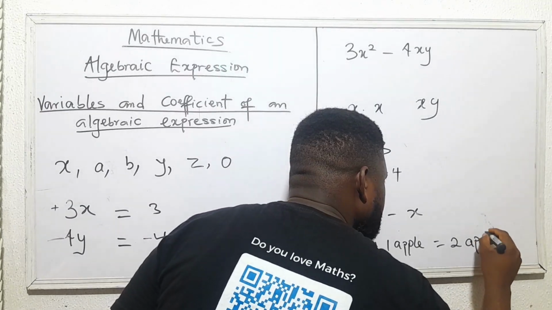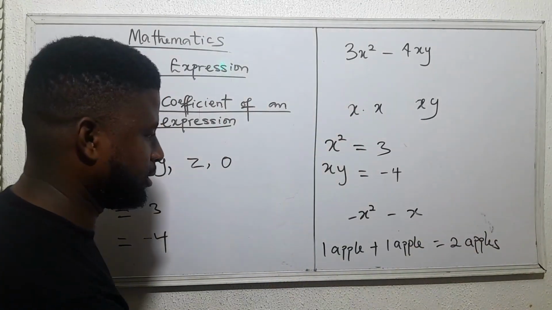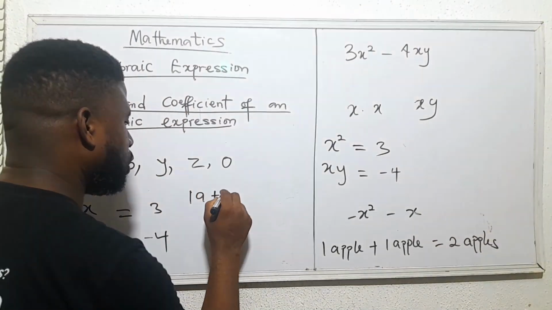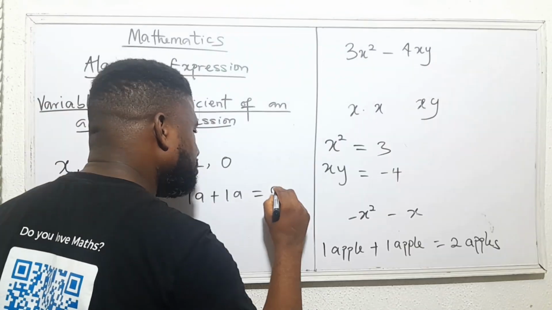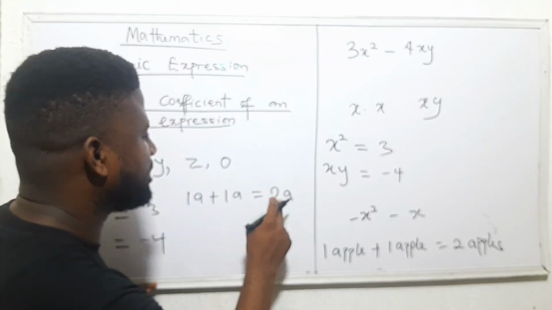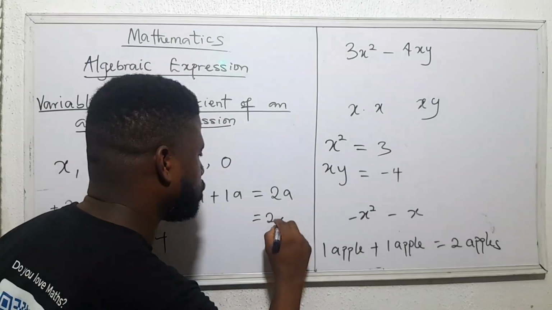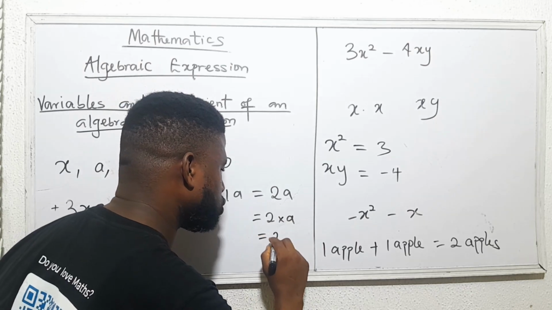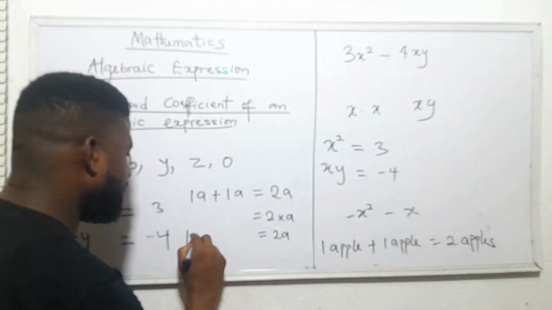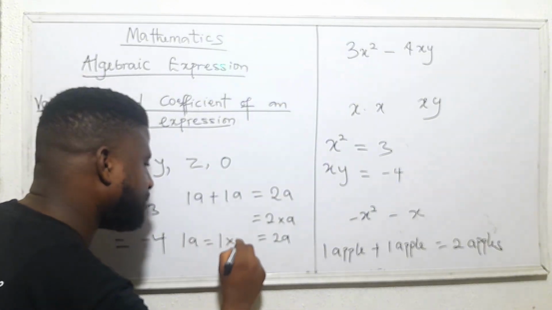In a similar way, if I have 1a plus 1a, that will give me 2a's. However, we know that this is still the same thing as 2 times a, which gives us 2a. And the same thing here, 1a is also the same thing as 1 times a.